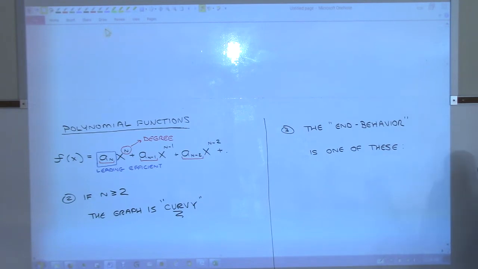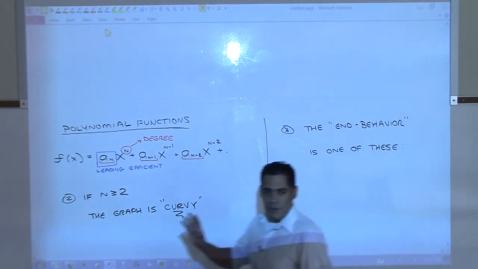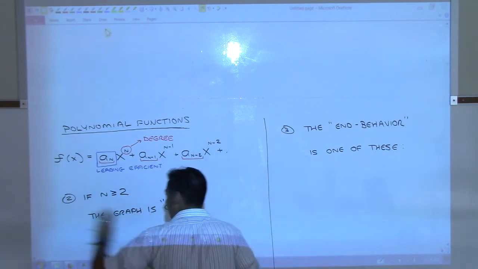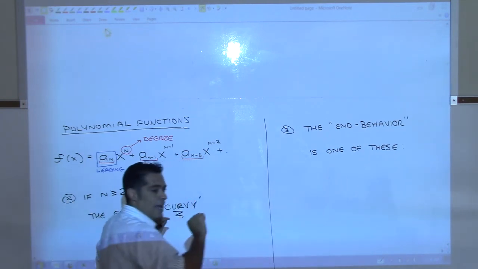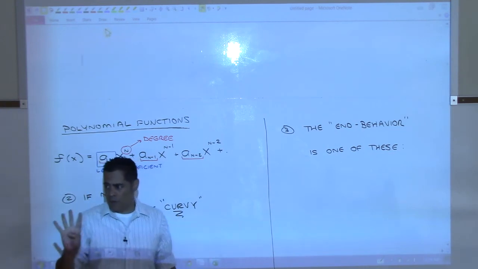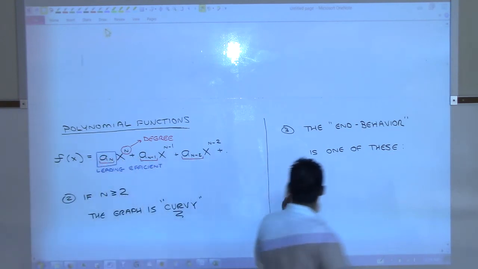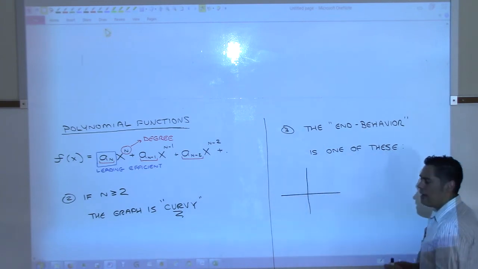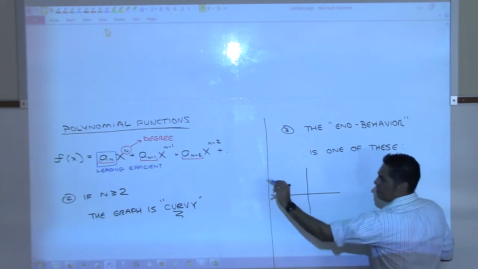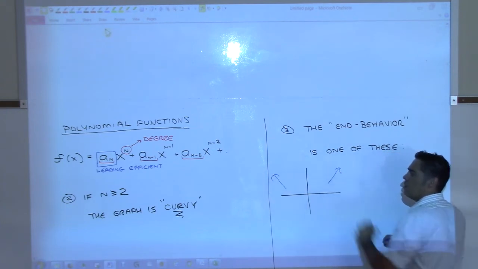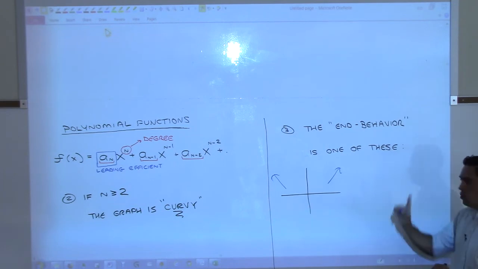If you're looking at a polynomial function, what happens at the ends of the function, out to the right and out to the left, those are the ends. The behavior of your function out at the ends is always going to be one of 4 things. Here's the first possibility. I'm going to draw just a quick picture. What we can have is that out here on the end, our left side can go up and our right side can go up. That's one possibility.